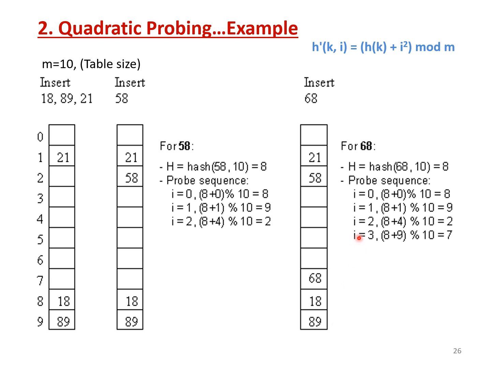We will take i equal to 2, that is the second probe, it gives the address 2 and in the location 2, we already stored the key value 58, we cannot insert it here. So we will go to the third one, i equal to 3, the third probe, it gives the index value 7. In this location 7, we can insert the key value 68.